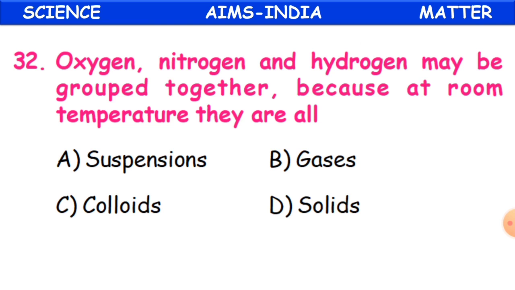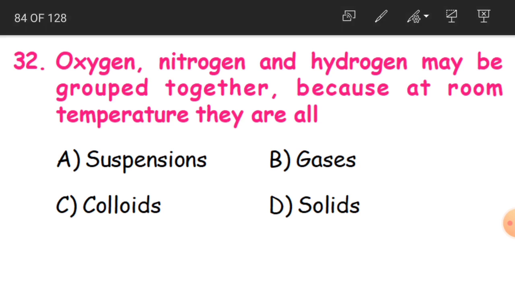The 32nd question: oxygen, nitrogen and hydrogen may be grouped together because at room temperature they are all what? So oxygen, nitrogen and hydrogen belong to the same group. Why?